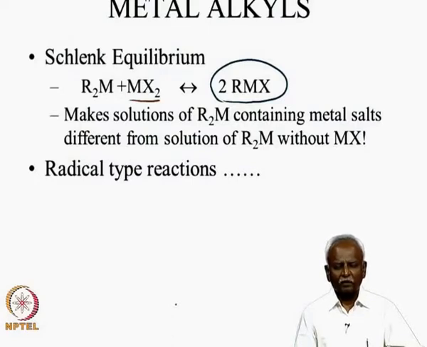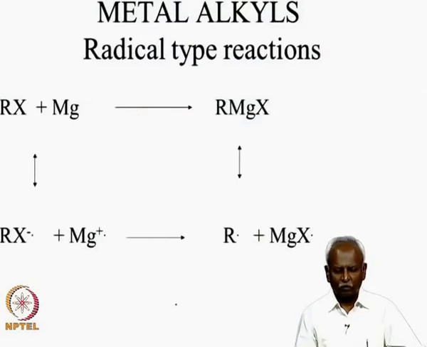So, there is another complication that is associated with Grignard reagents, and that is the fact that you can observe radical type reactions in Grignard reactions sometimes. And once again, this is associated with the equilibrium that is present in solution.